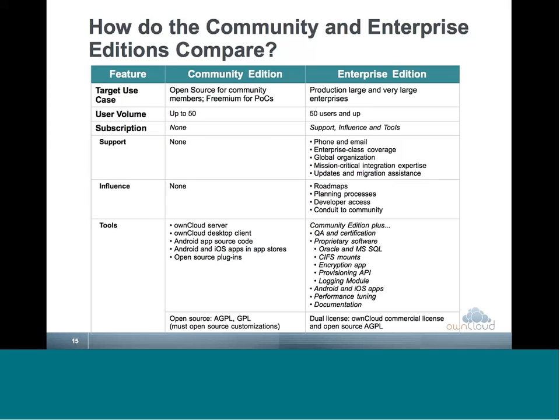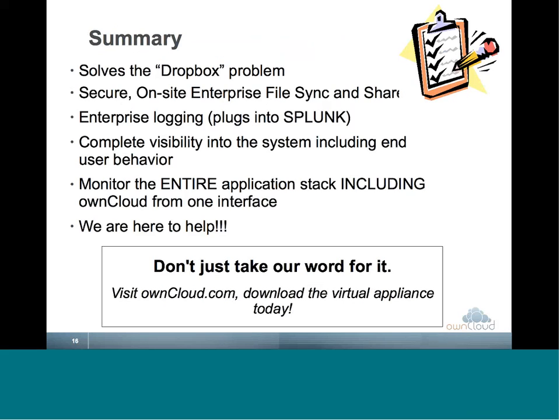Hopefully, by giving you an overview of how to use and magnify the power of the ownCloud logging module, it's just one slice of what we're giving you with the Enterprise Edition, and really partnering with you as an organization to make sure that your file sync and share rollout goes as smoothly as possible and continues to function the way you want it to. I wanted to put that up there just to make sure that everybody understood the differences in the two.